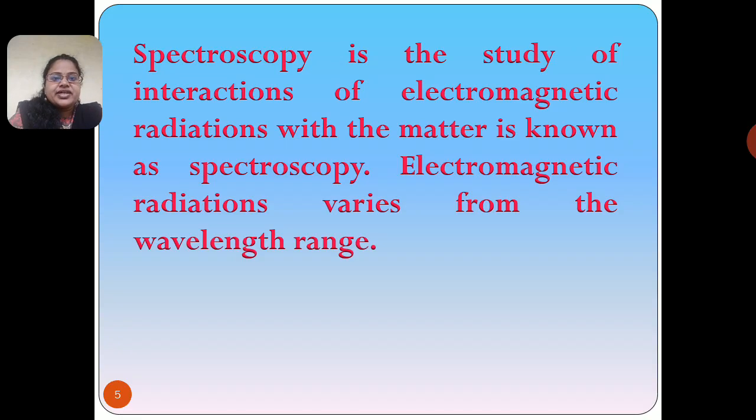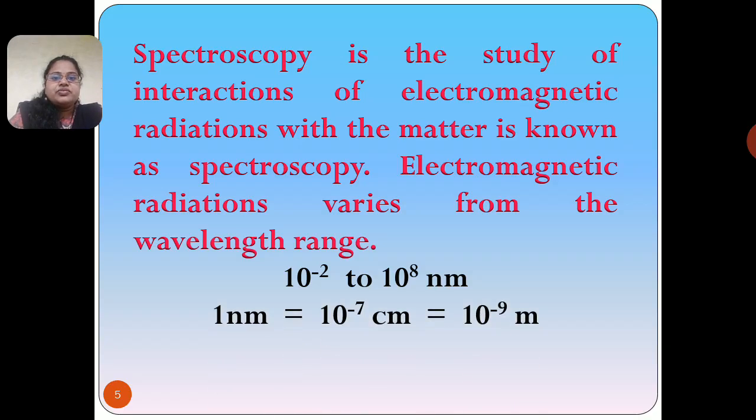The electromagnetic radiations vary in wavelength range, like 10 raised to minus 2 to 10 raised to 8 nanometer. This is the entire wavelength range of various kinds of electromagnetic radiations. We should know that 1 nanometer is equal to 10 raised to minus 7 centimeter, that is equal to 10 raised to minus 9 meter.